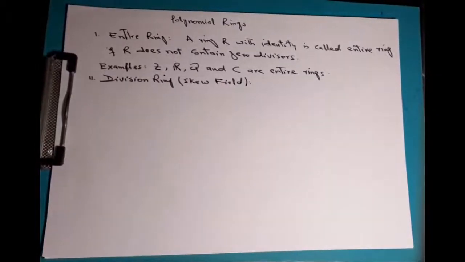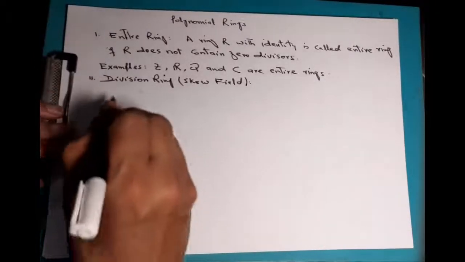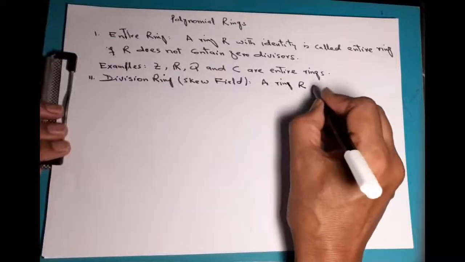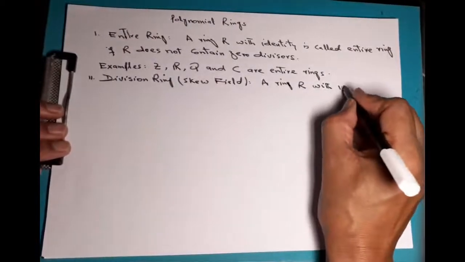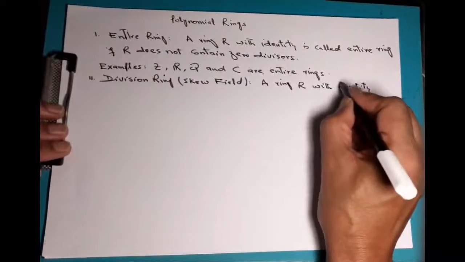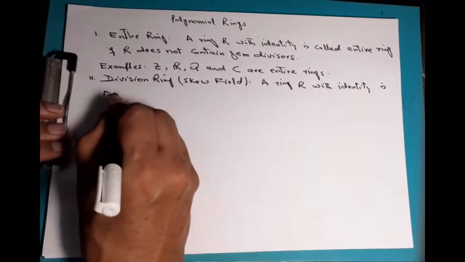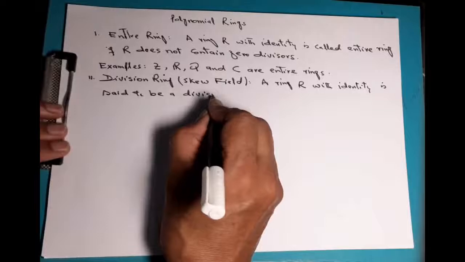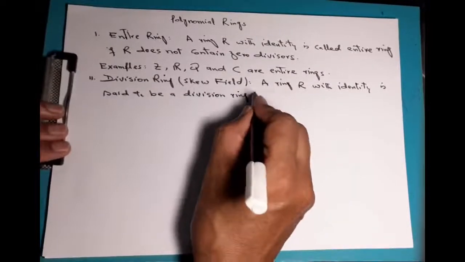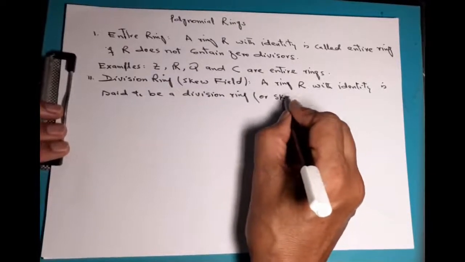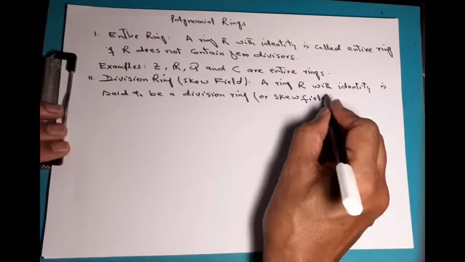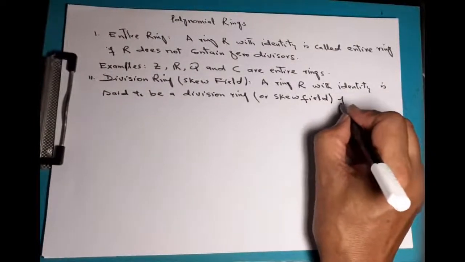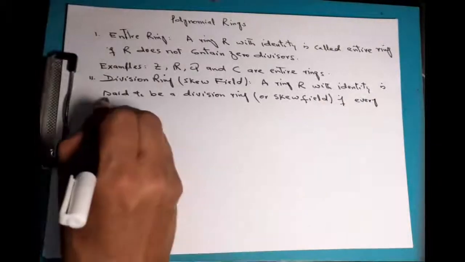So a ring R with identity is said to be a division ring, R skew field, if every non-zero element of R is a unit.